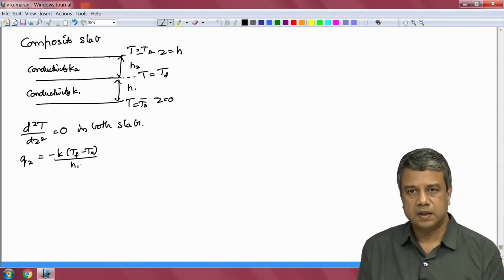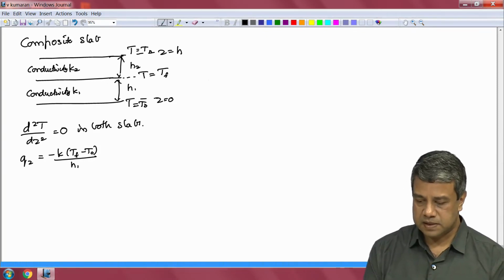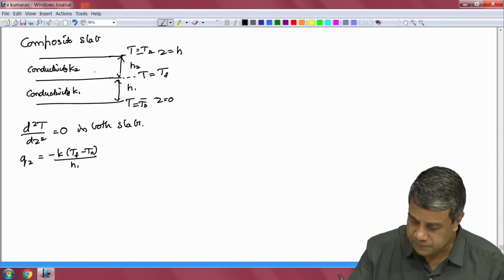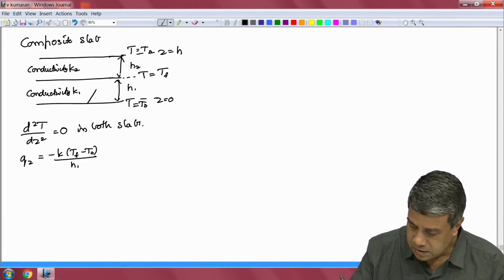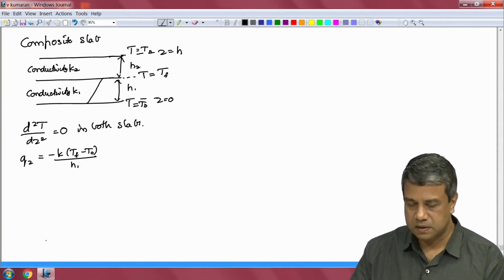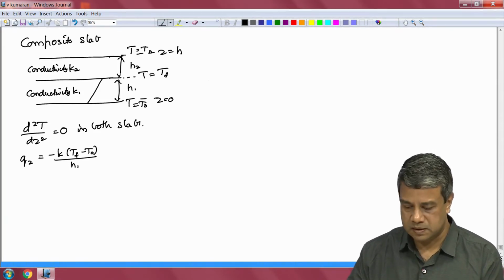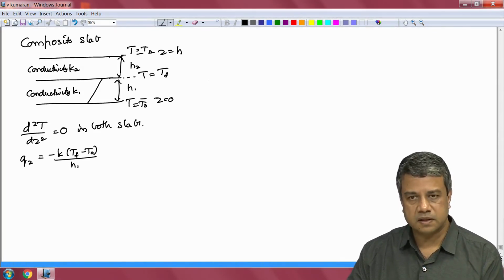The flux in the first slab is the difference in temperature between Z is equal to H1 and Z is equal to 0 divided by thickness multiplied by minus K, because energy goes from higher to lower temperature. That is the flux in the first slab.